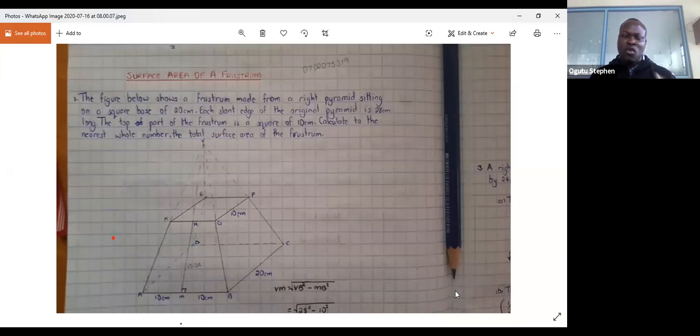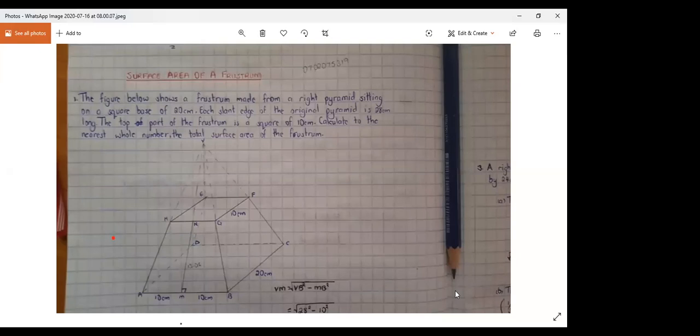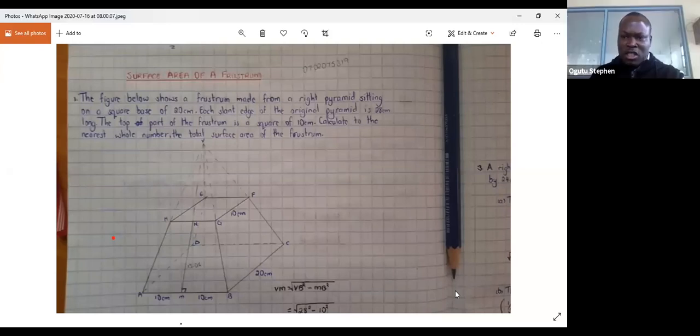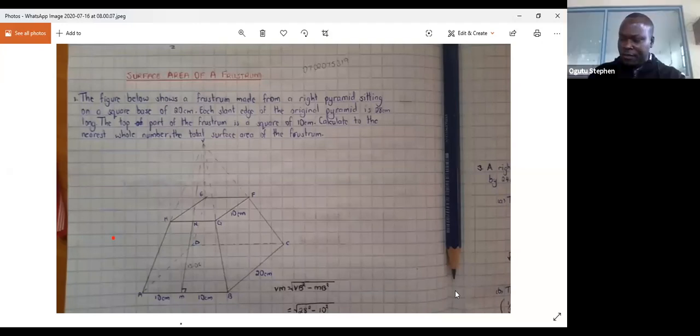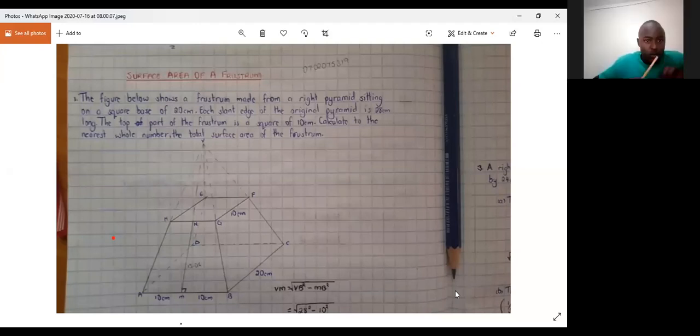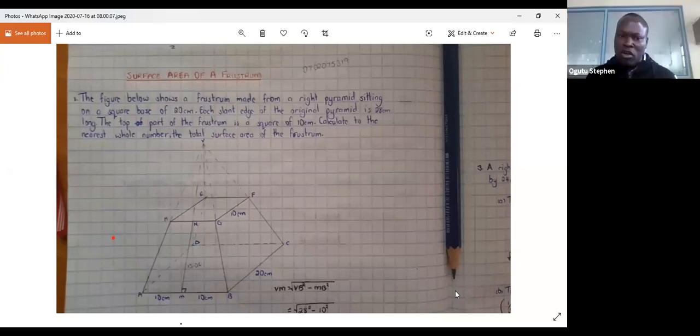Kuna triangle kubwa which is VAB na kuna small triangle which is VHG. Are you following? Yes. Can you see VHG? Hiyo ndio small triangle na kuna big triangle VAB.